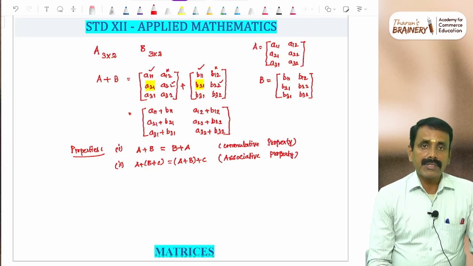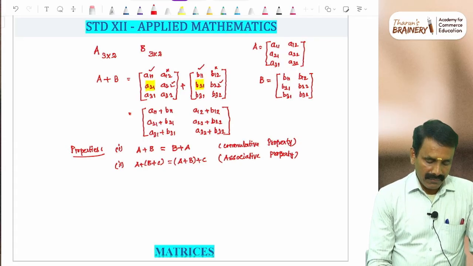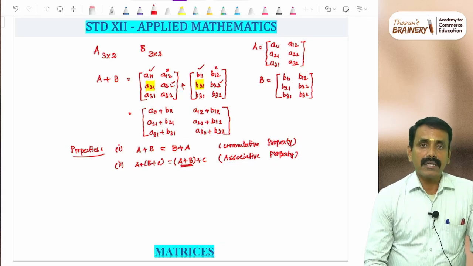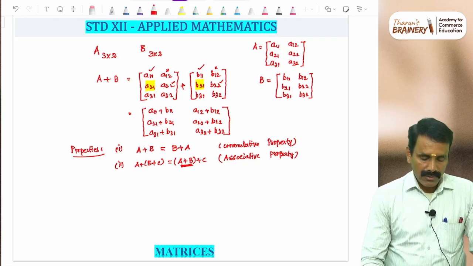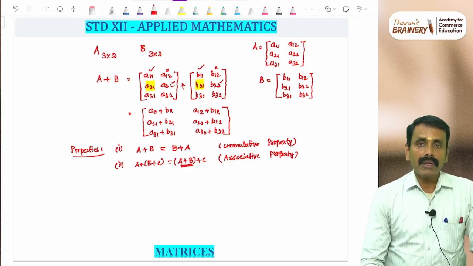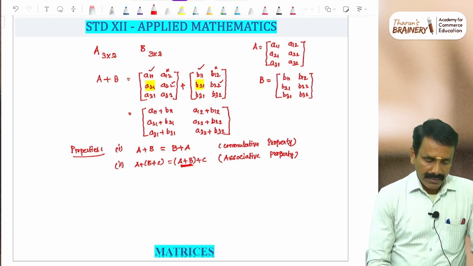We can add B plus C, and then the answer can be added with A, which will be the same as A and B added first, then C added to the answer. Both will have the same value. A plus of B plus C is equal to A plus B plus C. We can say in the brackets. Okay, that is the meaning.